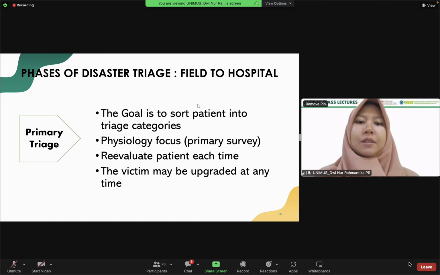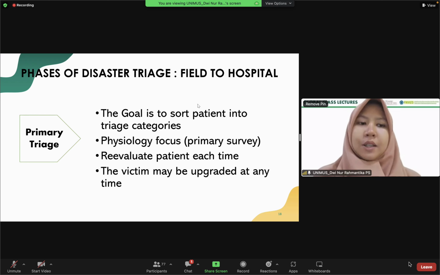The purpose is to sort patients into triage categories. It depends on the medical team response or the nurse, what they want to use, START or JumpSTART or Sako or others. But all of these tools are purposed to sort patients based on their condition. In this phase, we also focus on physiology, the emergency aspect, called the primary survey: airway, breathing, and circulation.